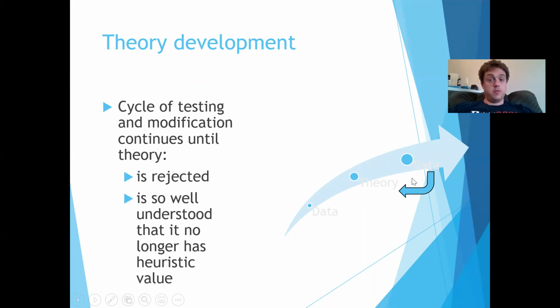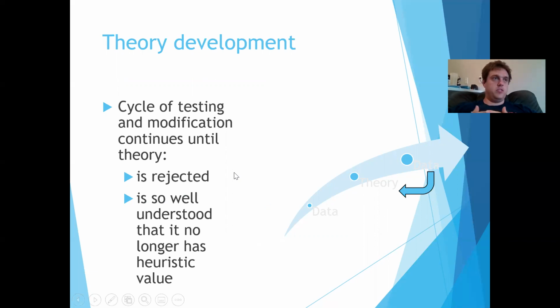Well, that doesn't disprove the theory, because again, we don't use the word proof, but it does open up some new questions: maybe it doesn't work in this situation, or maybe it doesn't apply to certain exceptions. And if you keep discovering findings like that, like it doesn't work in really any situation, well, then the theory is rejected and it's not really useful anymore.